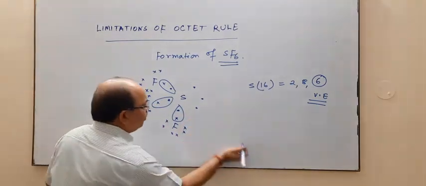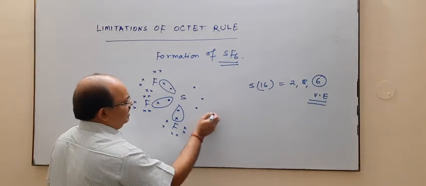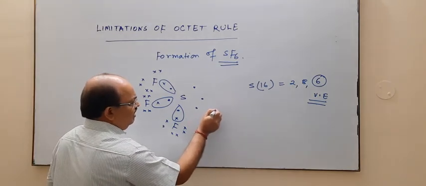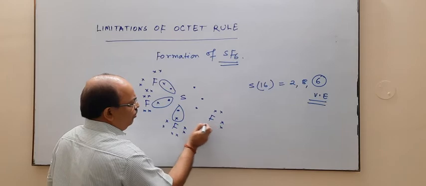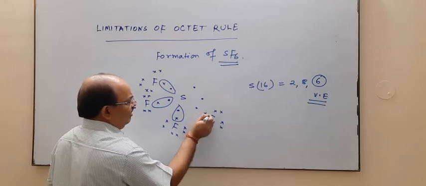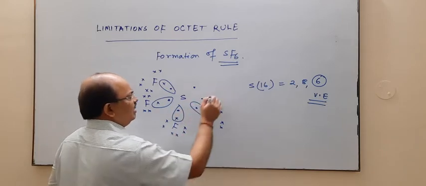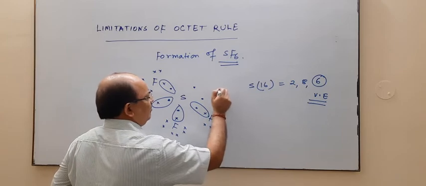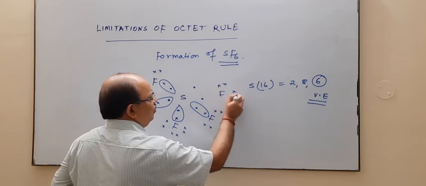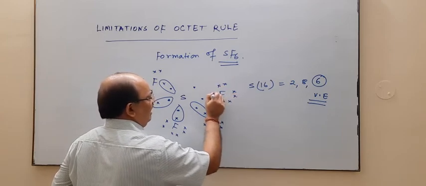Now what is fourth fluorine? फोर्थ फ्लोरीन यहाँ देखिए 7 वैलेंस इलेक्ट्रॉन 2, 4, 6 and 7. यहाँ फिफ्थ देखिए 7 वैलेंस इलेक्ट्रॉन 2, 4, 6 and 7.